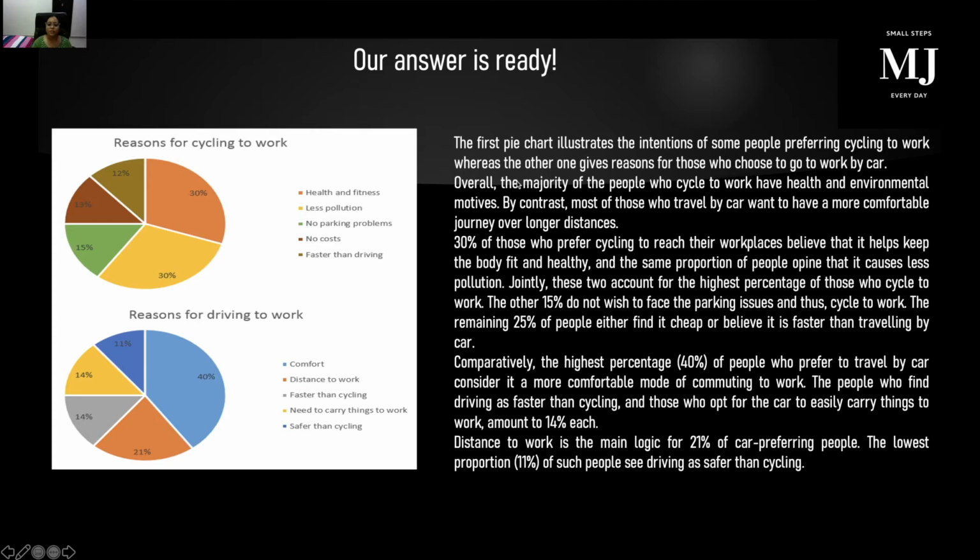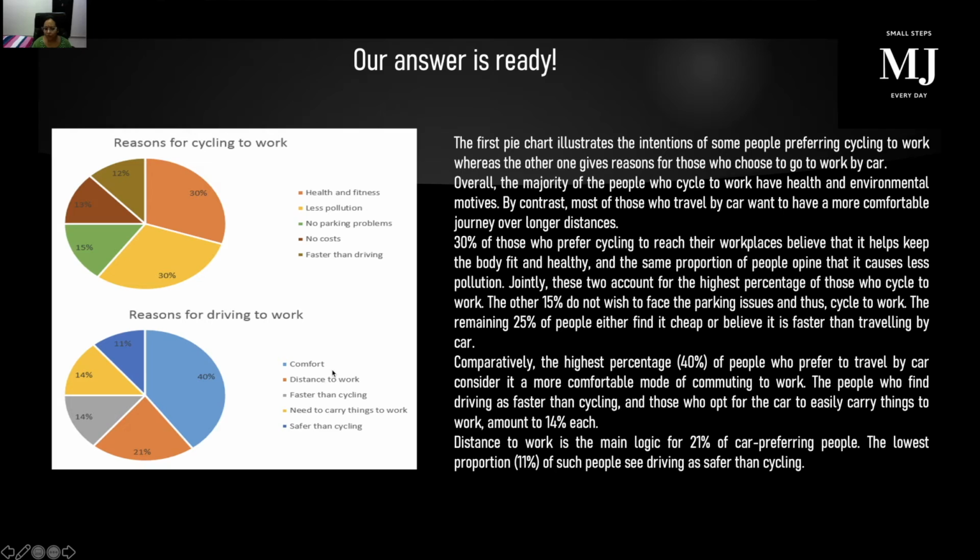Overall, the majority of the people who cycle to work have health and environmental motives. Okay? Then, by contrast, most of those who travel by car want to have a more comfortable journey over longer distances.